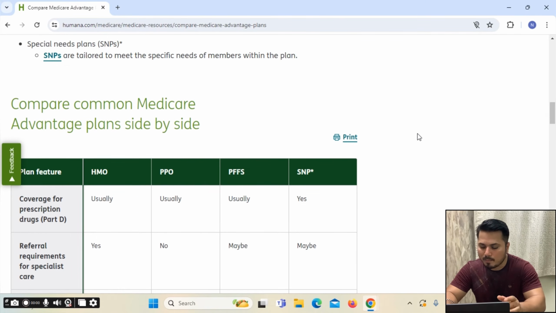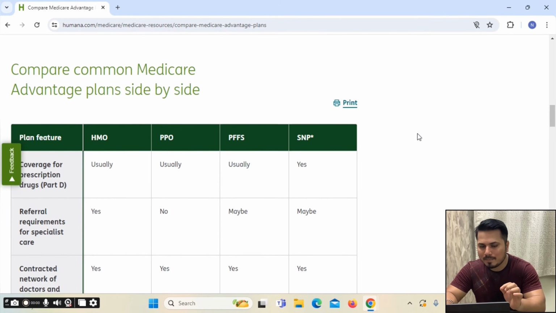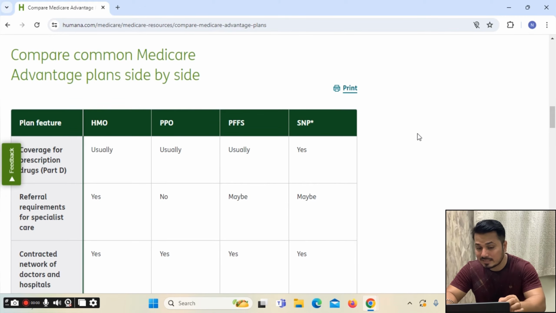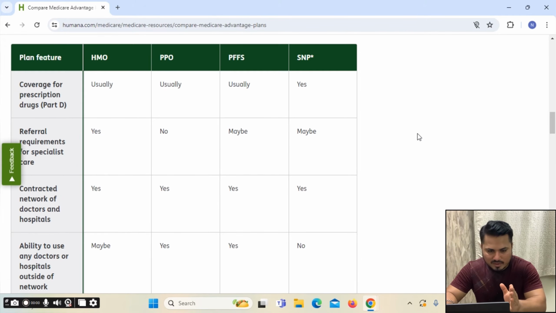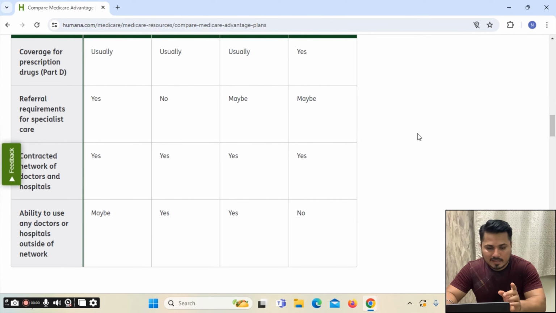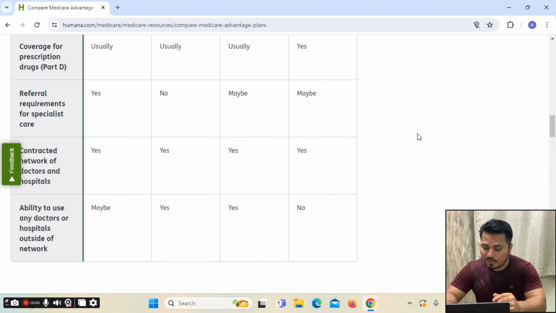Now let's do the comparison. Compare common Medicare Advantage plans side by side. Here is the chart, guys. Where you can see plan features: HMO plans, PPO, PFFS, SNP. Then coverage for prescription drugs Part D, referral requirements for specialist care, contracted network of doctors and hospitals, ability to use any doctors or hospitals outside of network.